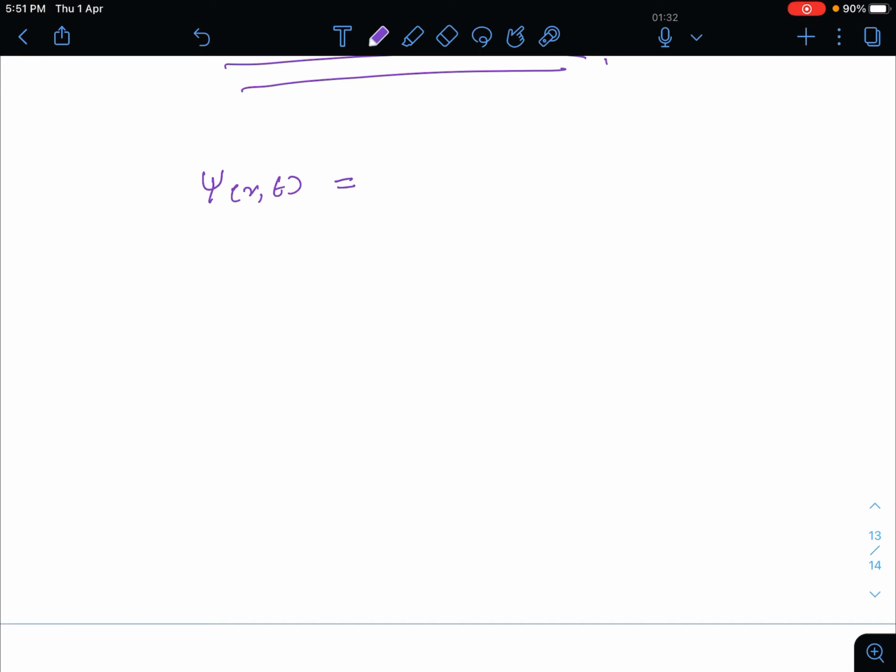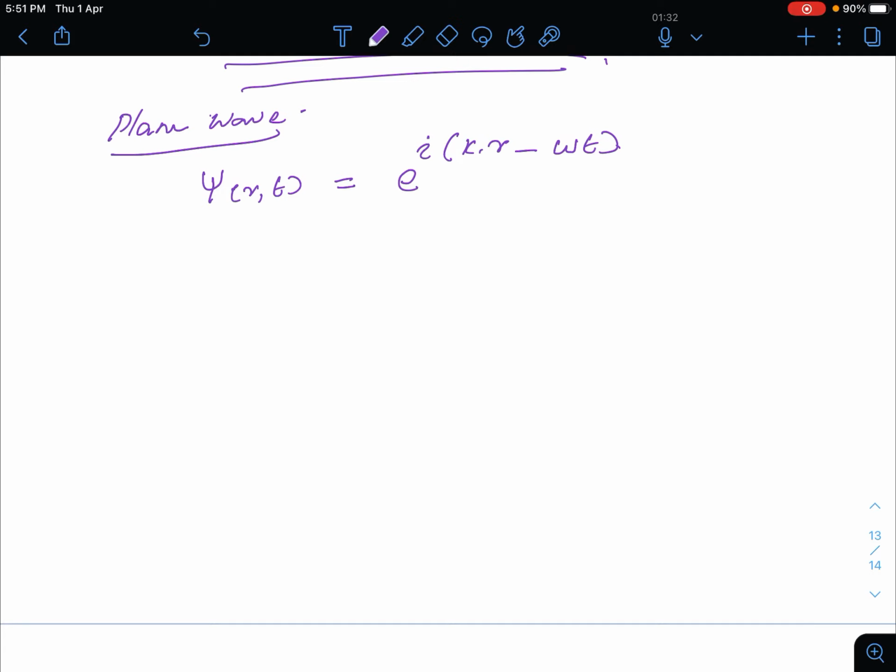Don't worry about the normalization constant. Just consider it to be of the form e raised to i(k dot r minus omega t). These are the plane waves, so let's consider the plane wave solution.